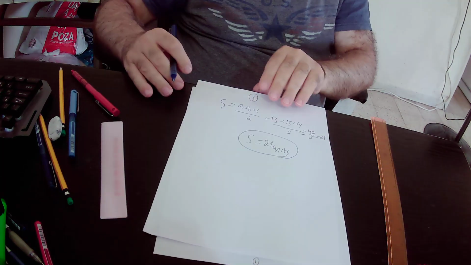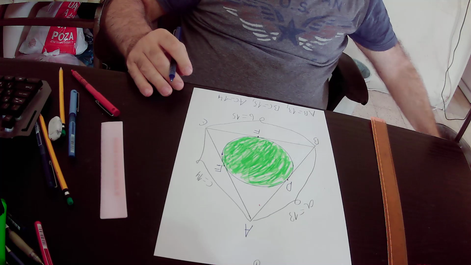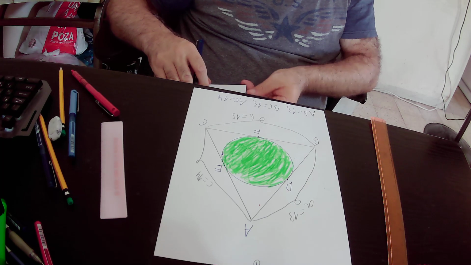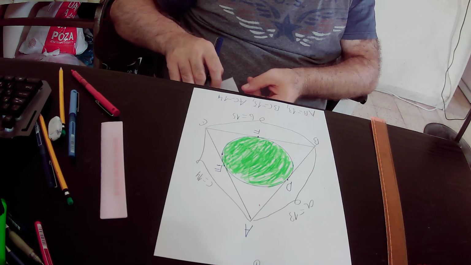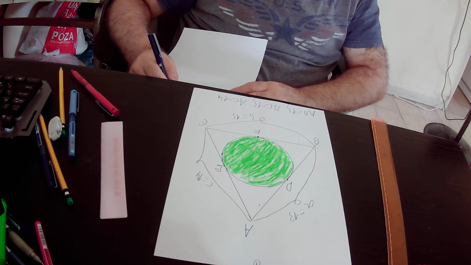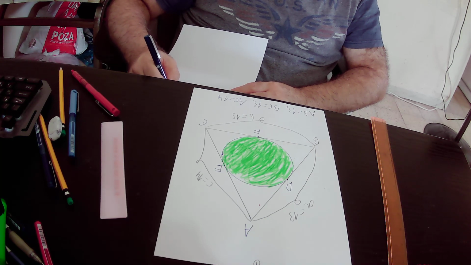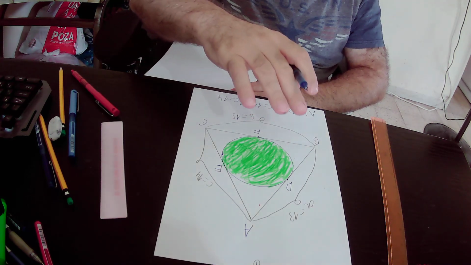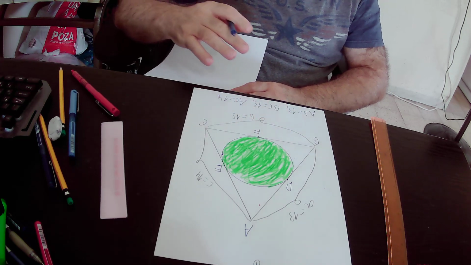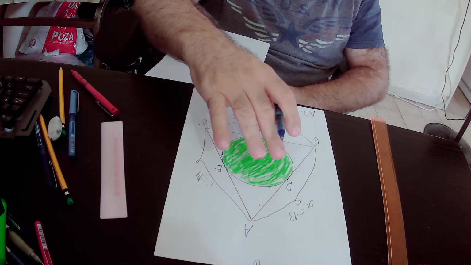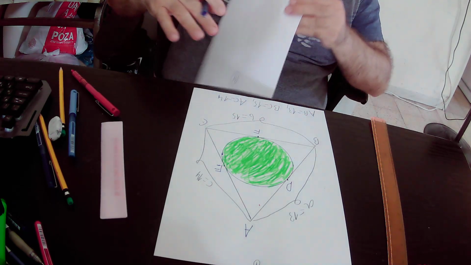So, in the next step, I will present to you a new formula, and it is actually a new formula to calculate the area of any triangle, and we calculate the area of our triangle ABC according to the new formula.